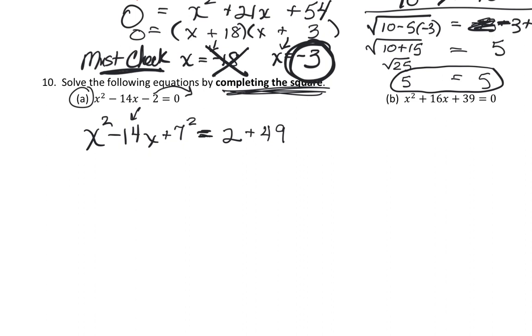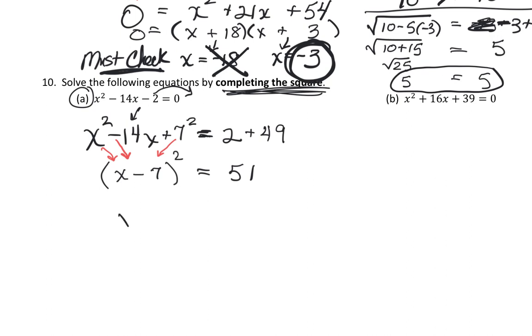So this left side part, immediately we can factor it to x minus 7. Remember, the x comes from here, the minus came from right in front of the 14, and the 7 was the number you got when you halved 14. X minus 7 squared. And on the other side, we get 51.